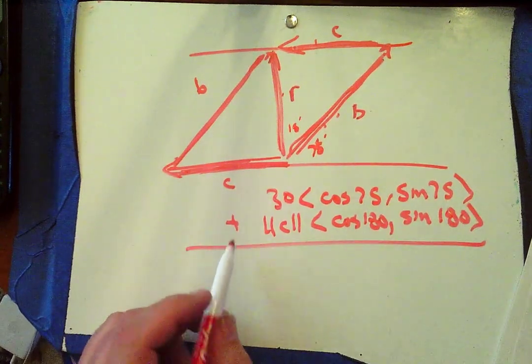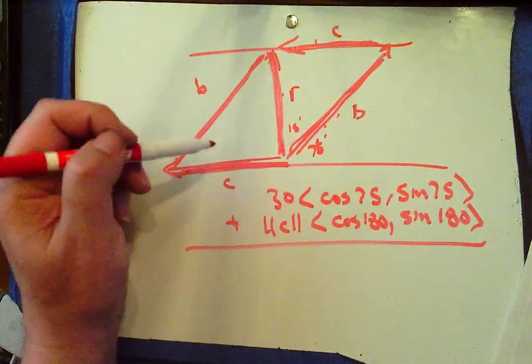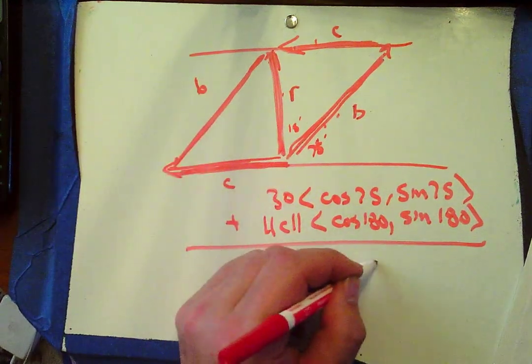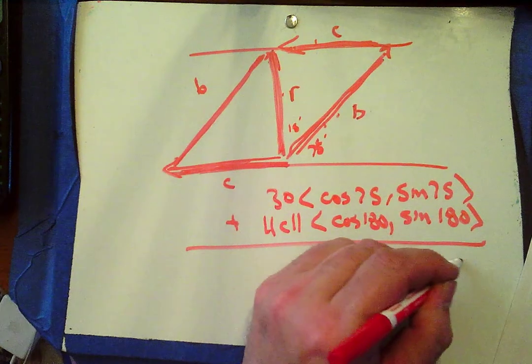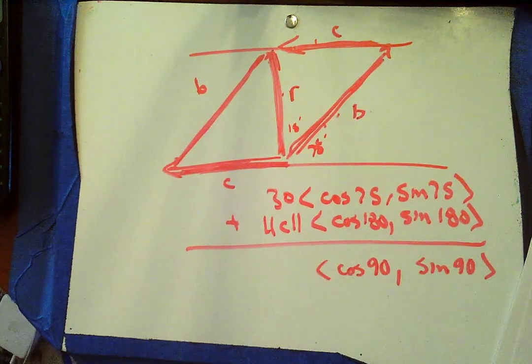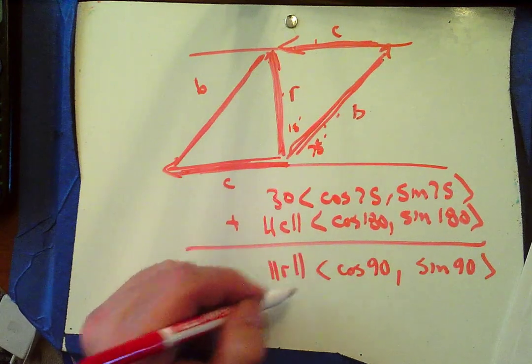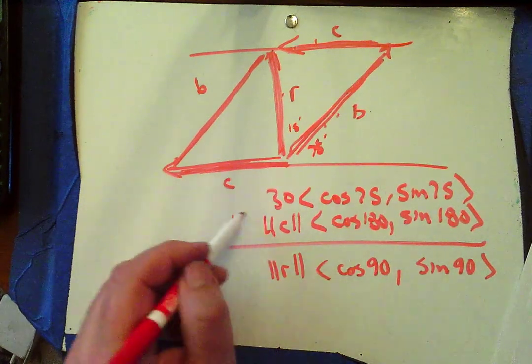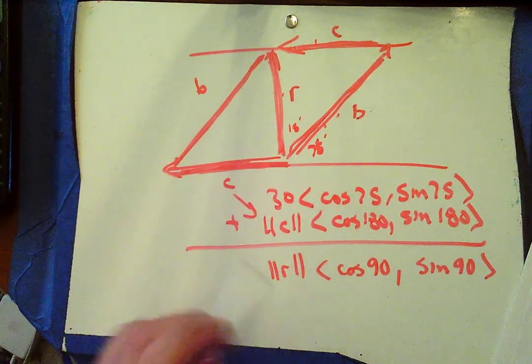And when I add those together, the result is the boat goes straight across. The result is cosine 90, sine 90. Okay, and then the magnitude of r. Now what they're asking me for is simply the rate at which the river flows. They just want this part.